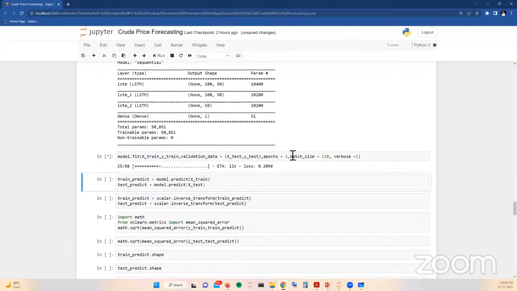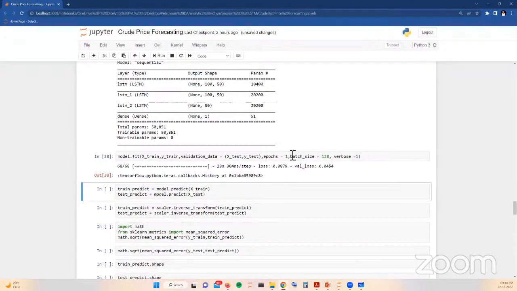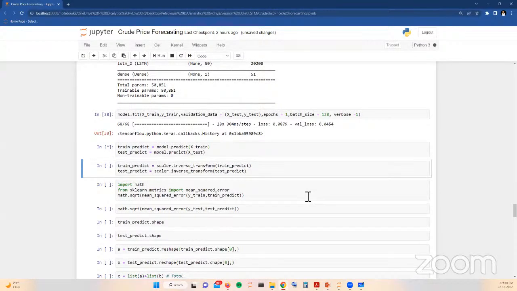Yeah, the model is trained. Now let's predict our X train and X test. Let's run the predictions and see how good our model is trained in one epoch. Obviously, it will give me very bad results, but yeah, let's check it.